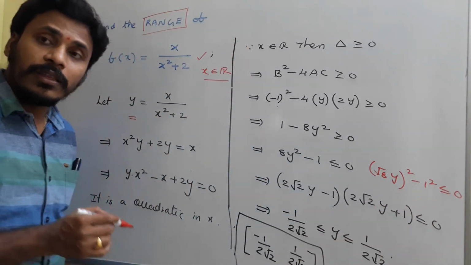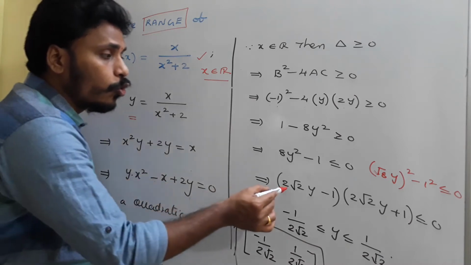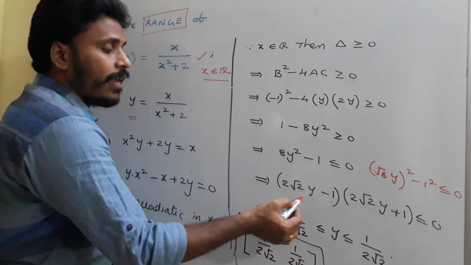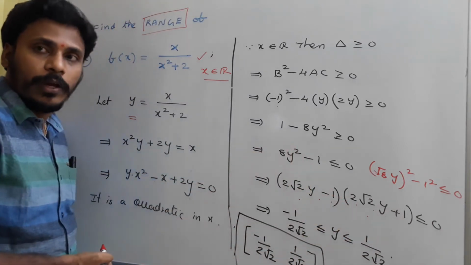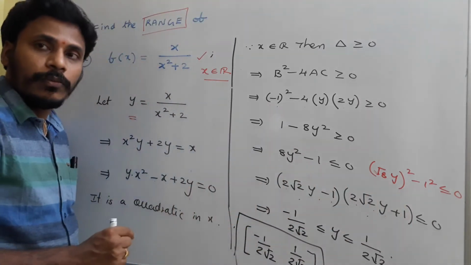Root 8 is simply 2 root 2. So 2 root 2 y minus 1 into 2 root 2 y plus 1. Just like a minus b into a plus b, if you again multiply, you will get the same 8y square minus 1. So now the product of these two is less than or equals to 0, right.